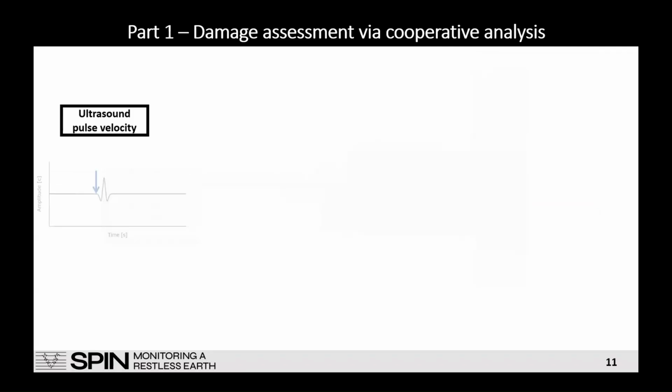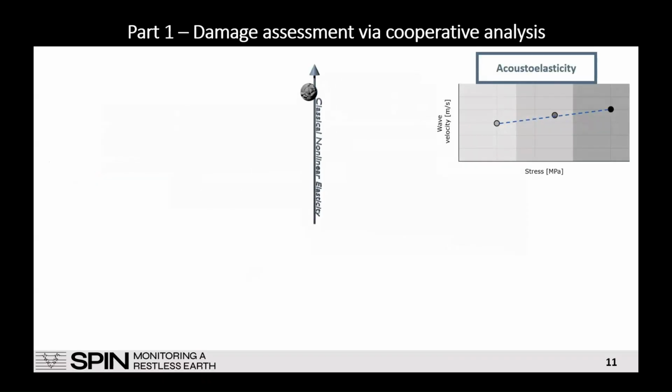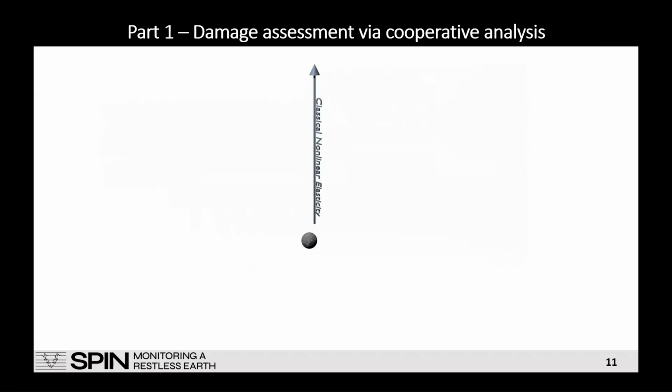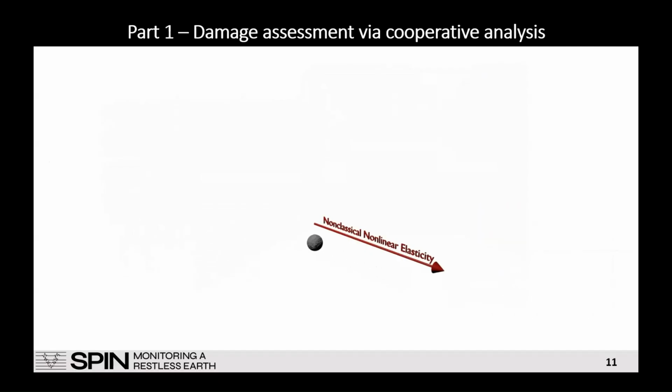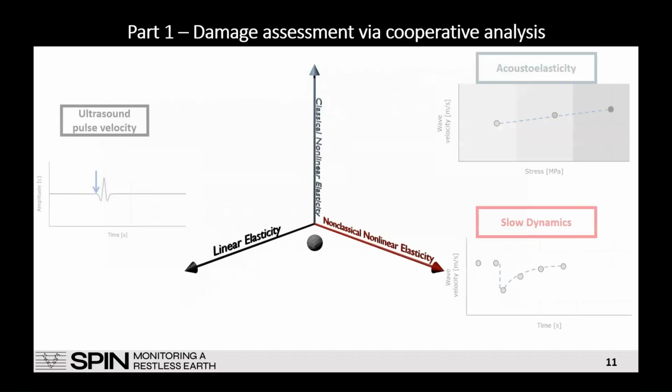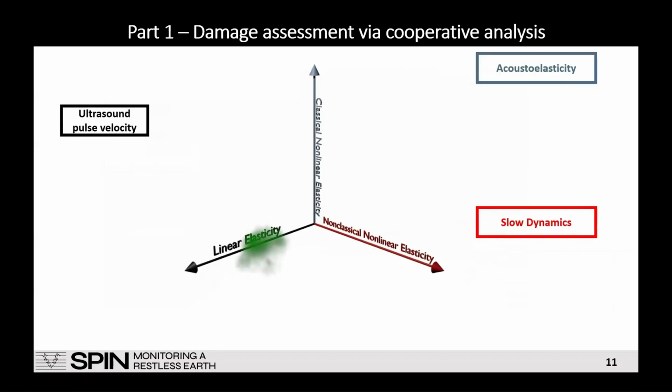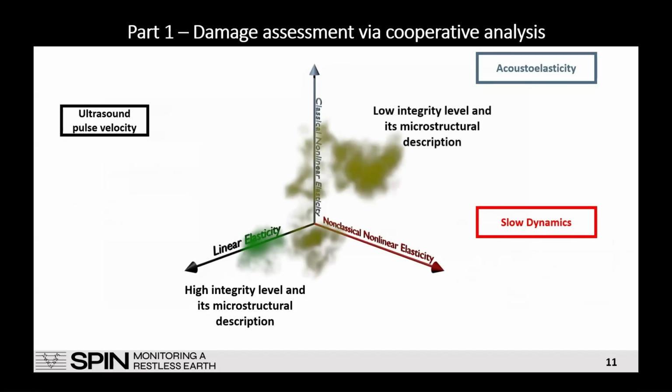Then we investigate if, from the perspective of linear elasticity by means of the ultrasound pulse velocity, classical nonlinear elasticity using the acoustoelastic effect, and non-classical nonlinear elasticity using the slow dynamics, we can obtain a more complete description of the integrity level of the structure, and also add some information about the microstructural description that is the result of such integrity level.